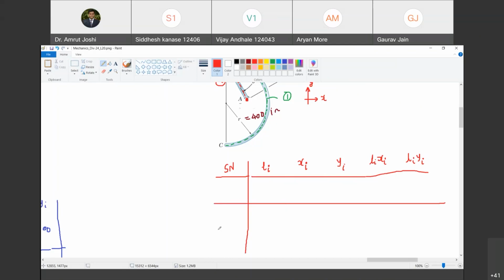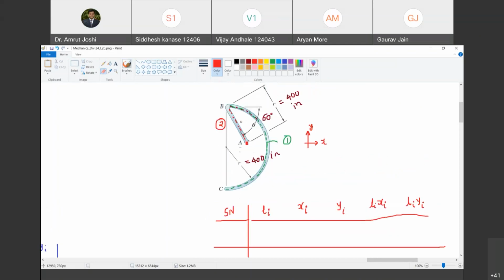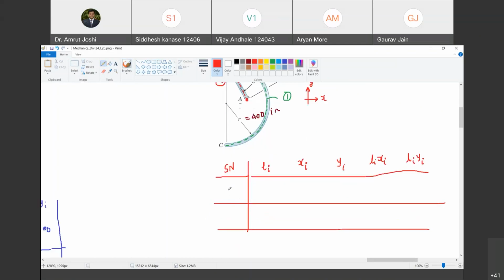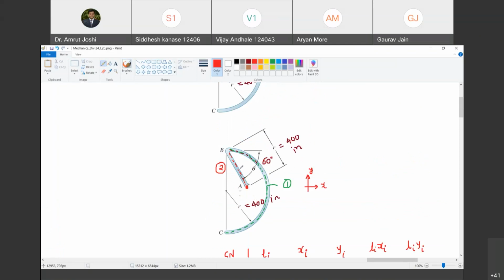So what is the first shape? Tell me. Semicircle. The first shape is the semicircle. So I am going to show it in this fashion, and with reference to A we have to show it. So this is A, this is the semicircle. Are you with me? Yes, sir.